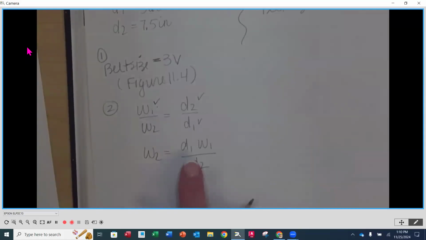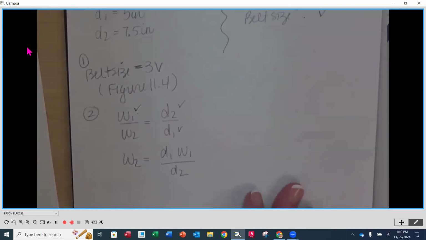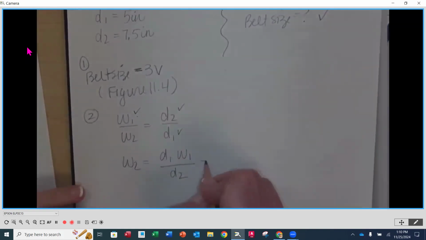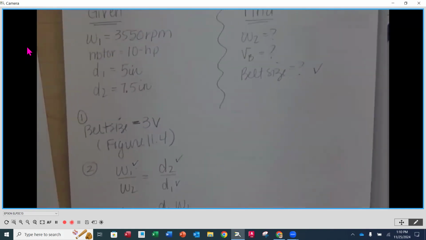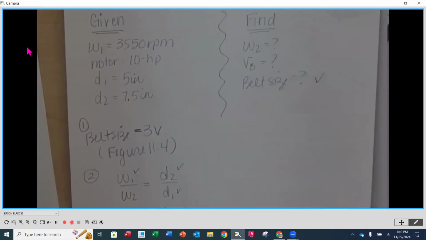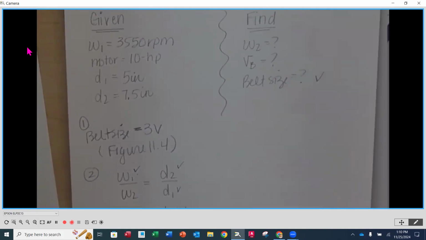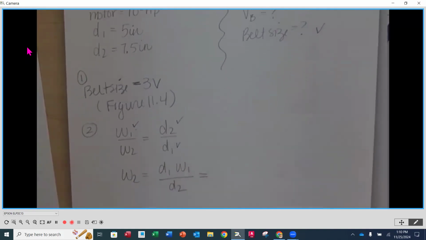You get W2 is equal to D1 times W1 divided by D2. Okay, go ahead and fill your values in then to solve for W2 from what you know above. Make sure you put your units in so that you can see the cancellation and that you end up with the appropriate units for W2.